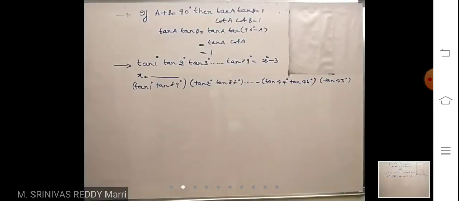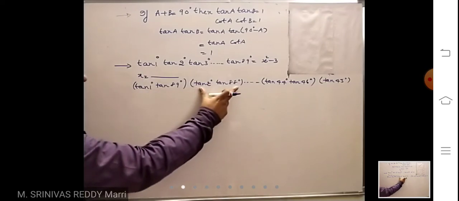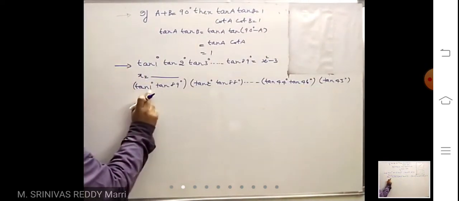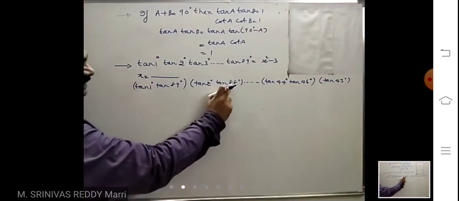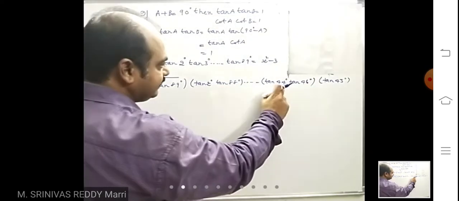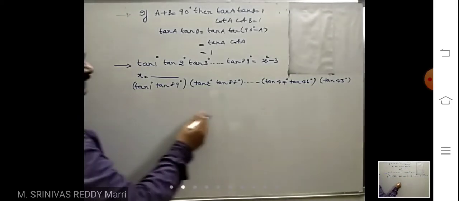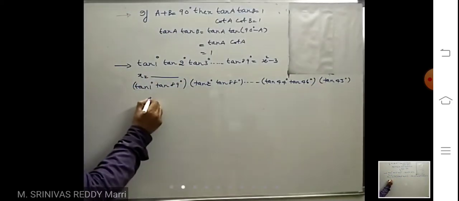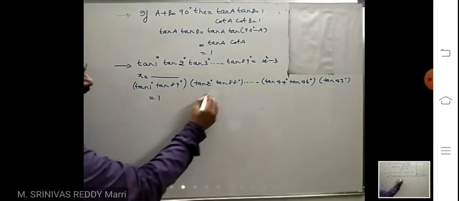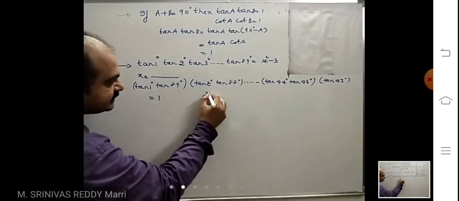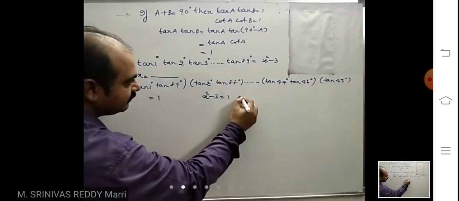This is 1, this is 1, this is 1, because the sum of the angles is 90 each time. All the brackets are 1s and tan 45 is also 1. Therefore the answer is 1, that is x squared minus 3 equals 1.